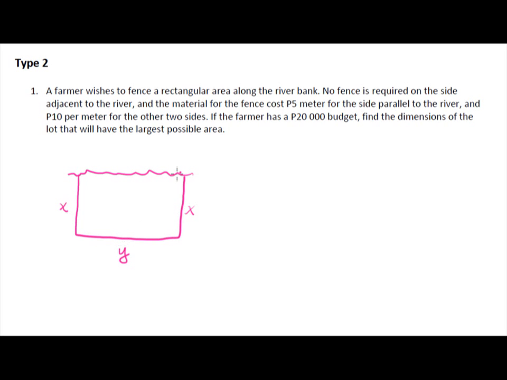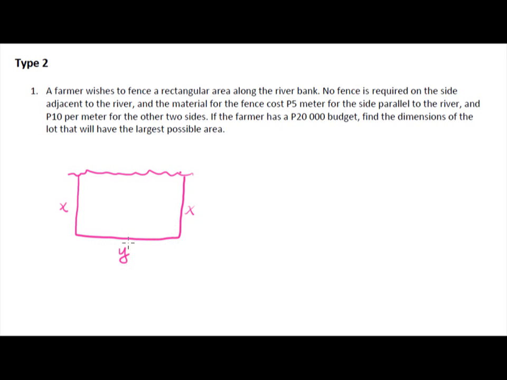length. So if it says that the material for the fence, so basically you're going to spend fencing this rectangular area, and the sides have different costs. So for the side parallel to the river, it will cost you 5 peso per meter.